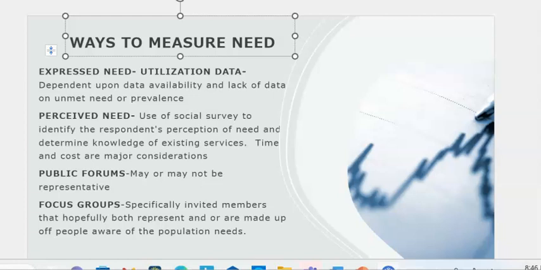We can do public forums, which is a democratic process, but it may or may not be representative of the population that we're trying to gather data on. We can use more defined focus groups, which are specifically invited members that hopefully both represent and or are made up of people aware of the needs of the population that we are concerned about.